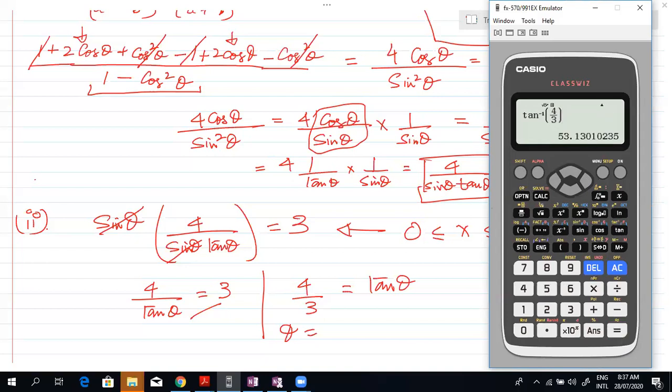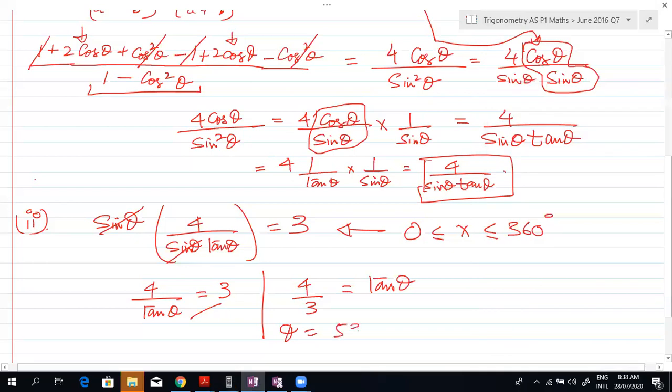So we get theta as 53.13, from theta is equal to tan inverse of 4 over 3, which is 53.13 as the basic angle.